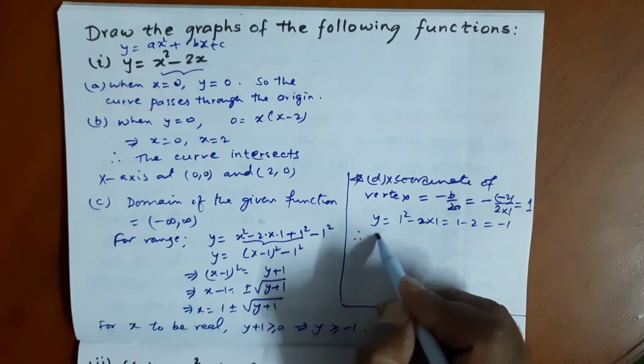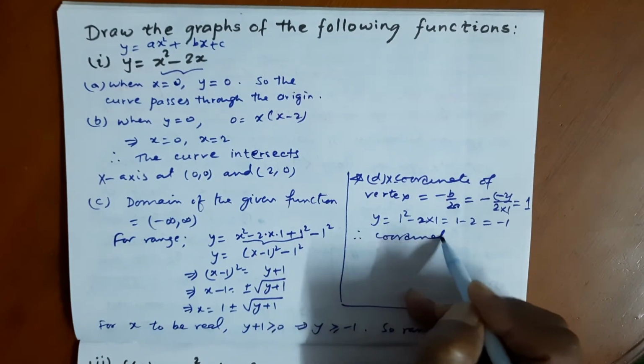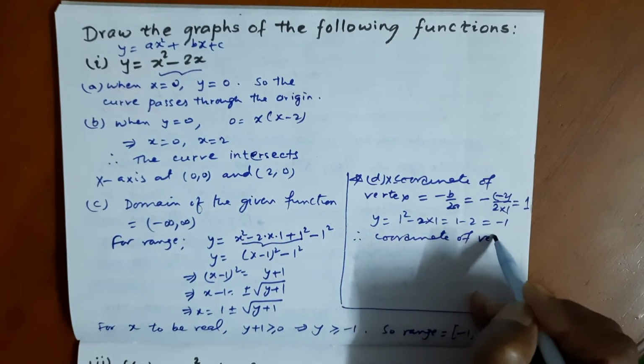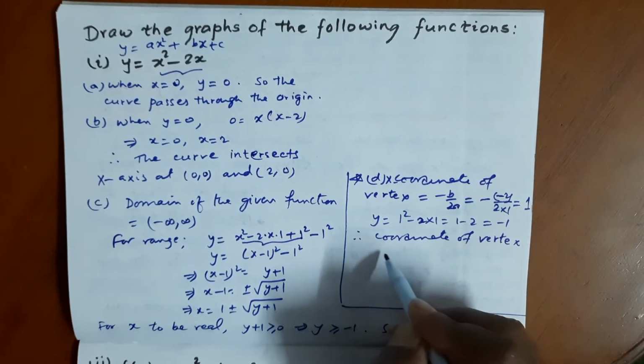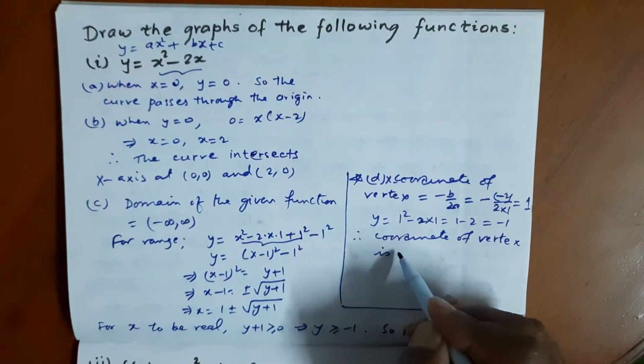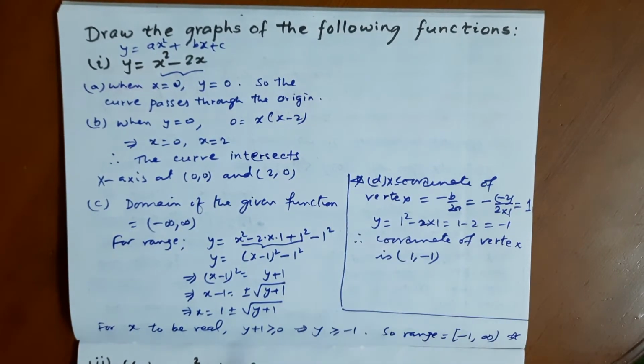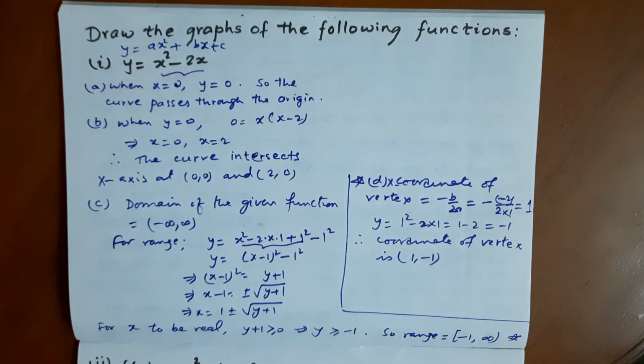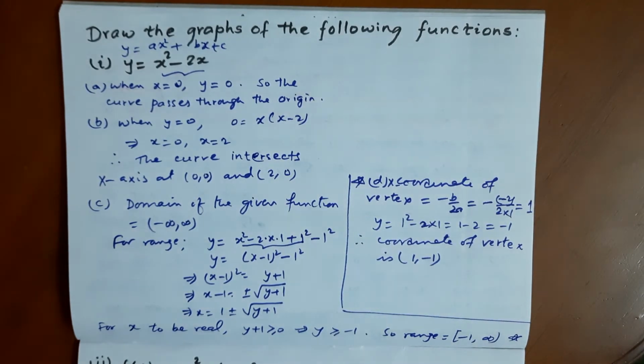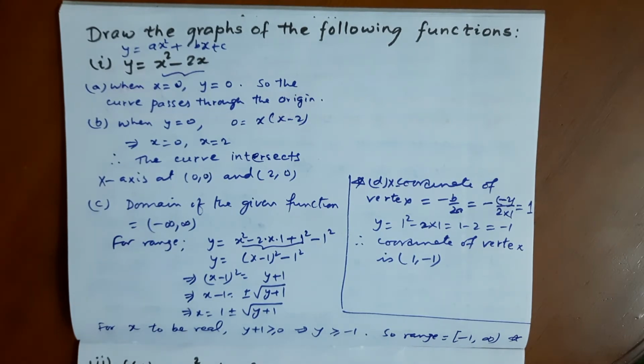Therefore the coordinate of the vertex is (1, -1). Okay, so using these 4 characteristics we can plot the graph.